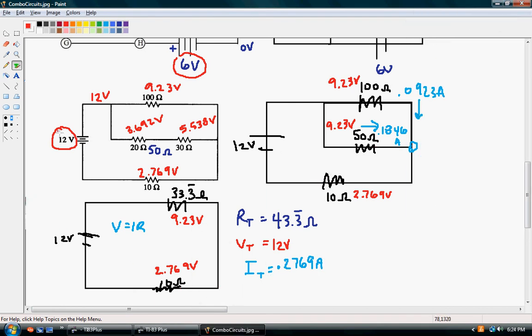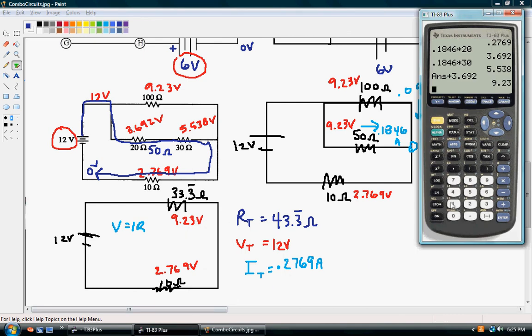Alright, and we should know that we got to the end of the circuit the right way. So say we chose to go this way. Each resistor that we go through is going to use voltage, and by the end we should get 0 volts. So we started with 12 volts. We went through the 20 ohm resistor and used 3.692.